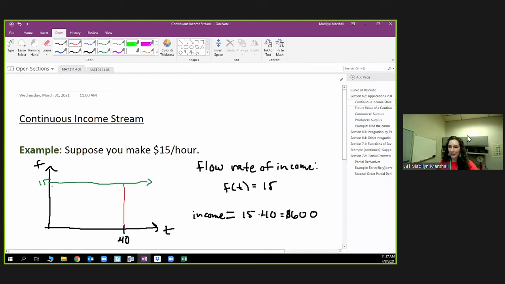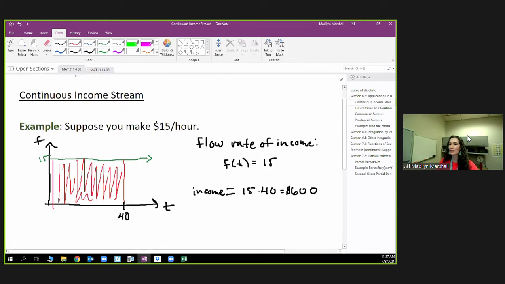We have this area is equal to 15 times 40, because we have 15 on the y-axis, so the length of this rectangle is 15, the width is 40, so the area is also equal to 15 times 40, which is 600.